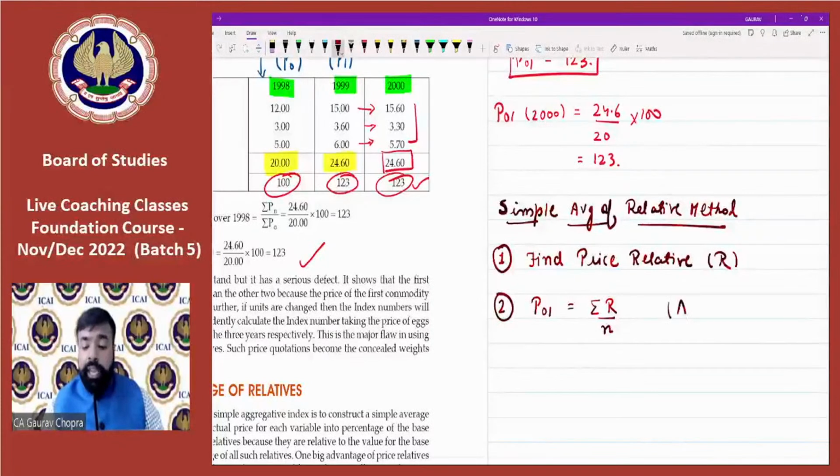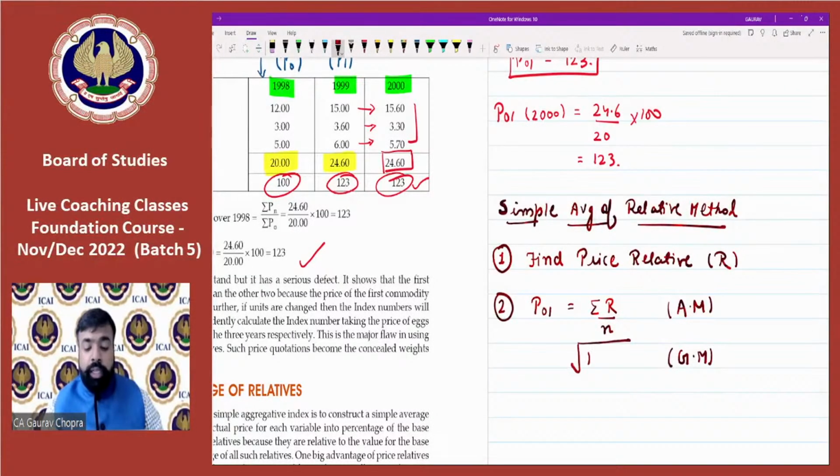If this average uses arithmetic mean, then we can use sigma R upon N. And if it uses geometric mean, then we use the formula for geometric mean, which was the nth root of the product of all observations.